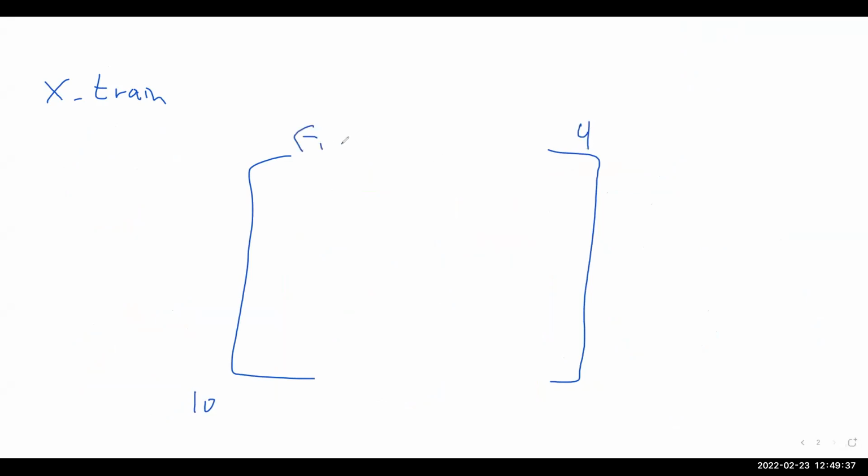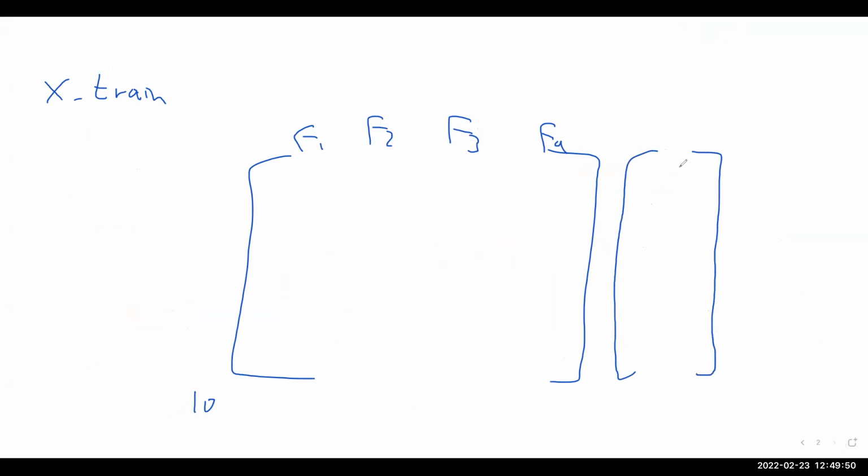There's 4 columns here, F1, F2, F3, F4. And we have the labels. To keep it convenient, I'm going to say 0, 0, 0, 0, and actually I'm going to use 3 classes just for maximum effect. So 1, 1, 2, 2, 2, 2.